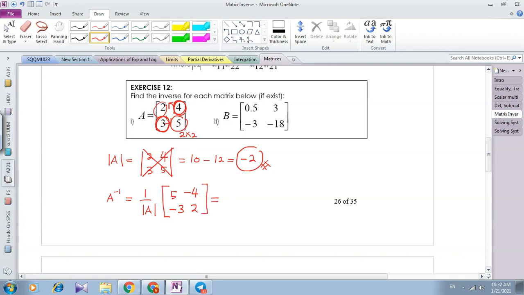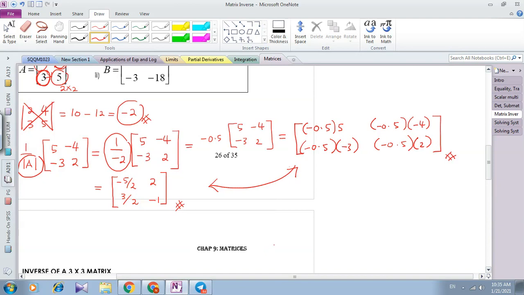And then this is 1 over negative 2 times 5, negative 4, negative 3, and 2. Or we can also rewrite this. This is negative 5 over 2. Negative 4 over negative 2 is 2. And then negative 3 over negative 2 is 3 over 2. And finally, 2 over negative 2, negative 1.